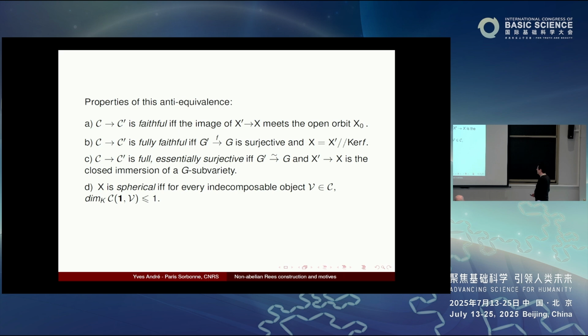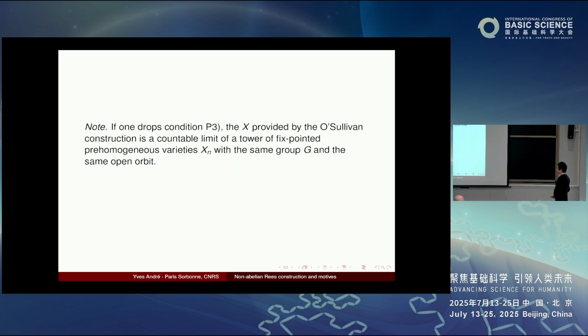X is spherical if and only if for every indecomposable object V in the category C, the dimension over K of the space of morphisms between the unit object and V is less than or equal to 1. This finiteness condition, P3, is a bit annoying, a bit difficult to check.